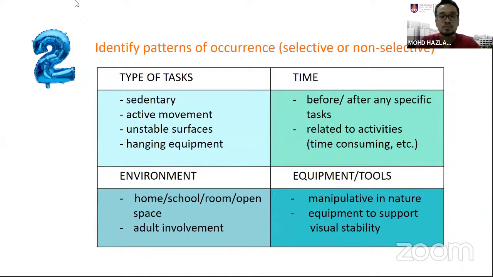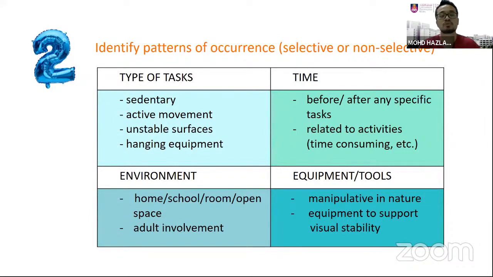Or is it related to activities which are time consuming? You know, when the child is forced to do homework for 2 hours consecutively, this is very time consuming. And then we know that the oculomotor control is not really good. And that is where the patterns exist.